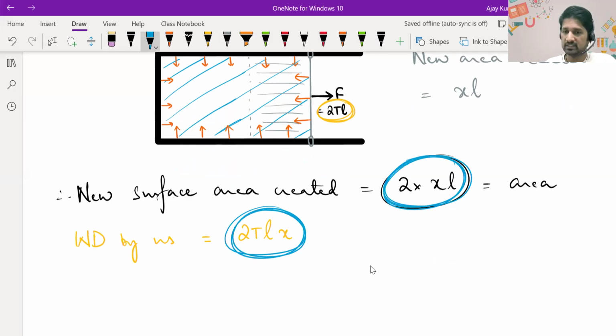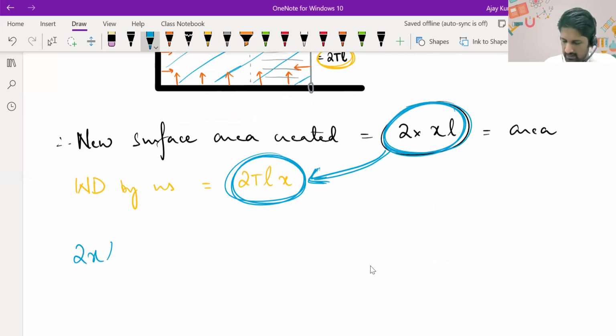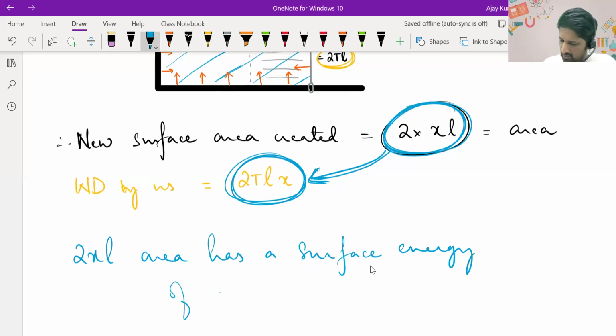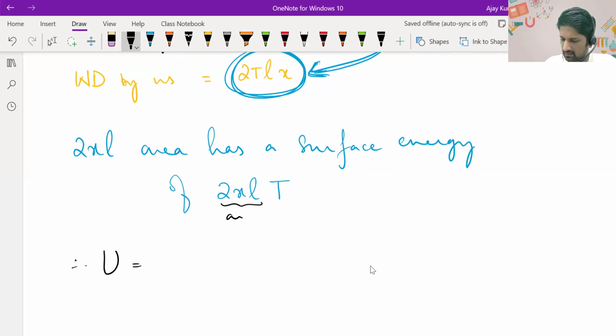Okay, so what can we say? This much area has this much energy. So 2xL area has a surface energy of 2xL multiplied with T. That's all. Therefore, the formula for surface energy becomes, see, 2xL here is area.